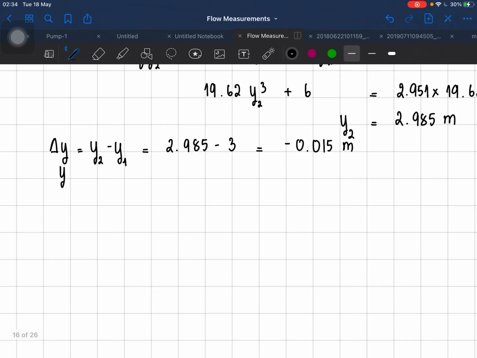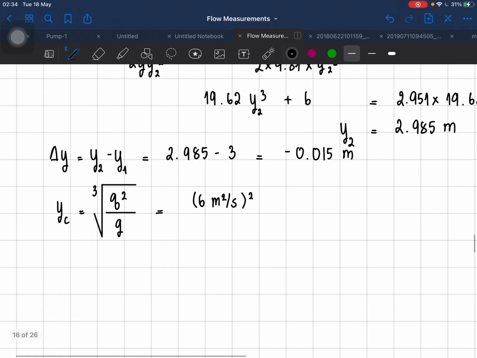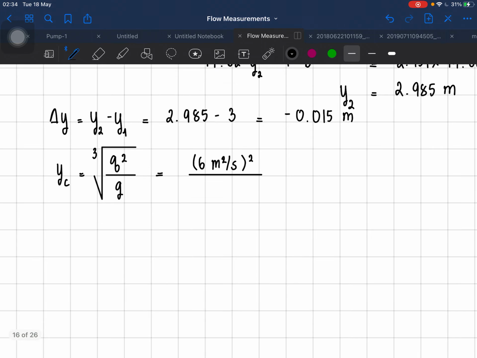So now let's write the yc equation together. yc equals, I need a larger space, q squared over g, everything here is square root of 3, it's the cube, and then we have 6 meters squared per second squared over g is 9.81.